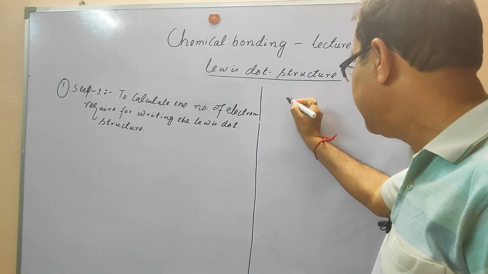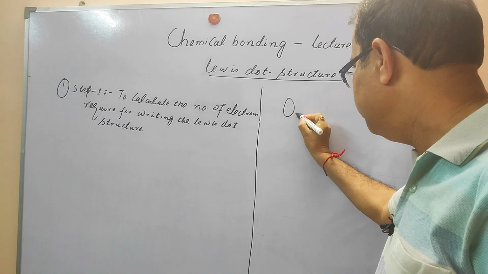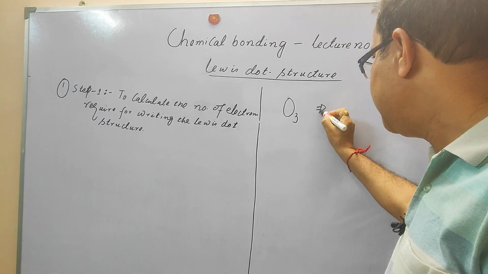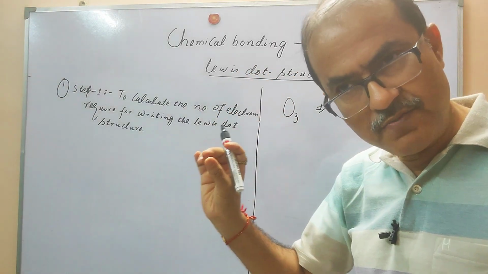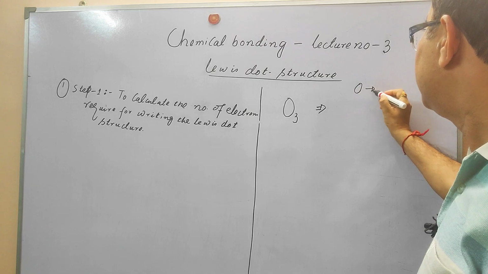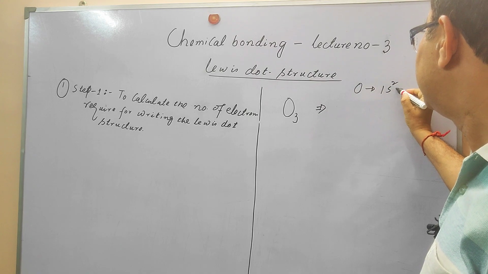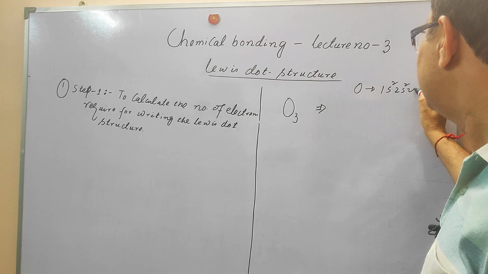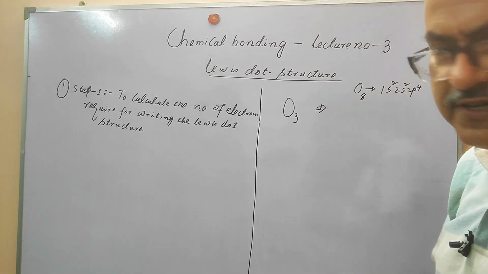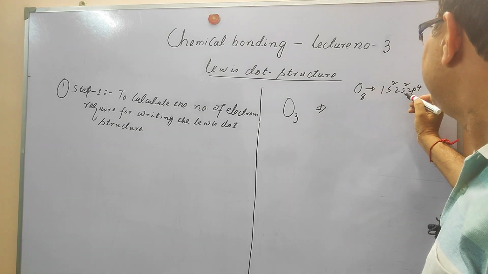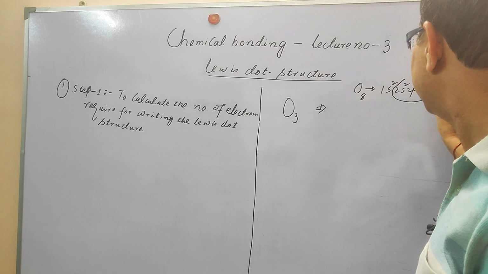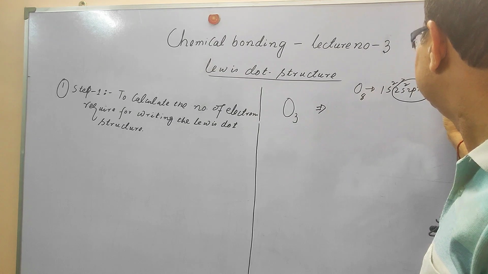As an example, we are taking O3. This O3 has 3 oxygen atoms, and we know the oxygen atom has the electronic configuration 1s2, 2s2, 2p4, because its atomic number is 8. So you can see the valence electrons of an oxygen atom is 6.